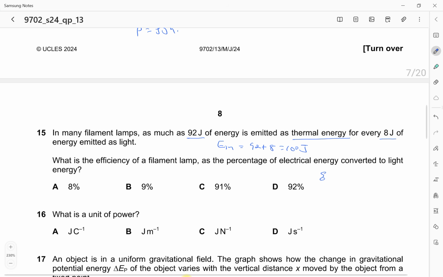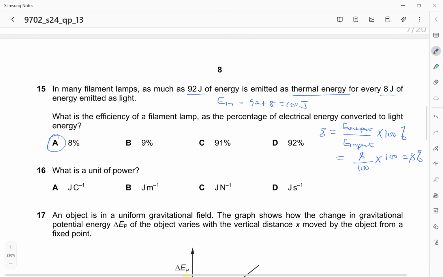So efficiency is going to be equal to the energy output divided by the energy input. We want it as a percentage, so it is times 100. That is 8 divided by 100 times 100, which gives us 8%. So question 15, our answer is going to be A.